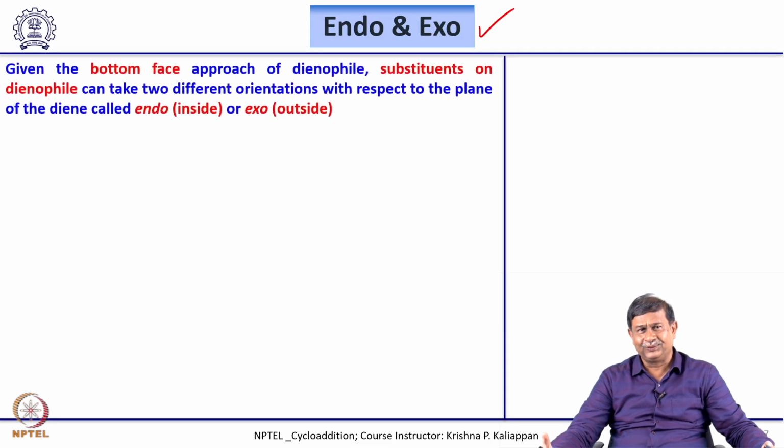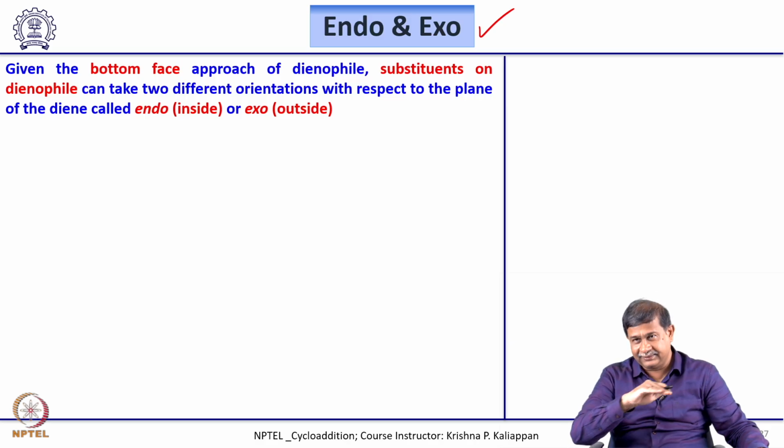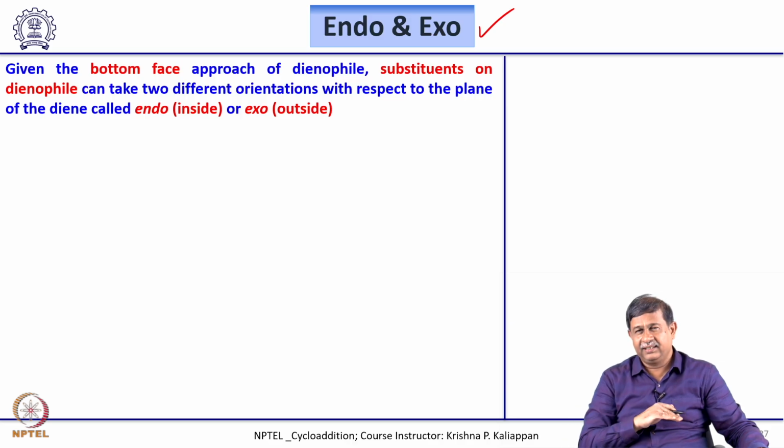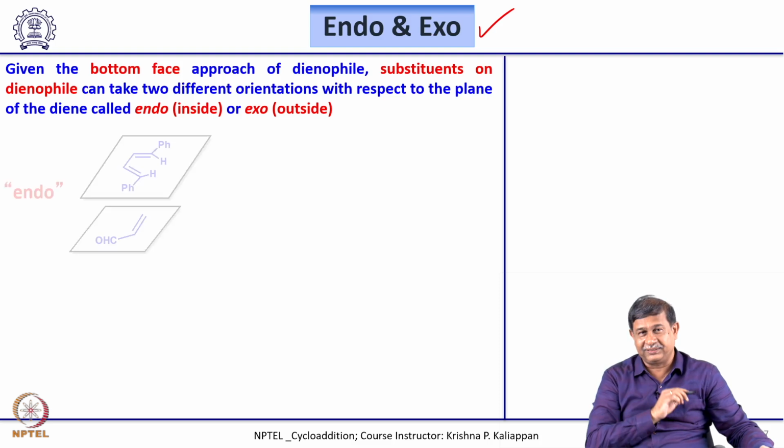So what are these endo and exo? For simplicity, let us take only one aspect: your diene is in the plane and your dienophile comes from the bottom face. Now if the dienophile has a substituent, again there are two possibilities.